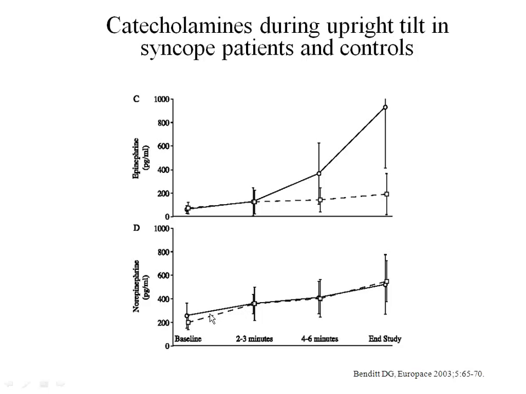The syncope patients were the ones with the solid lines. You can see that the norepinephrine response was about the same in the fainters, but the epinephrine levels went sky high compared to healthy controls. This is a common feature of the NMH response.